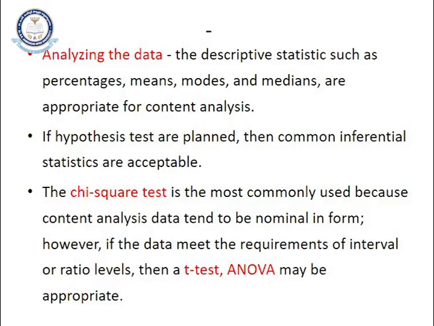However, if the data meet the requirements of interval or ratio levels, then a t-test is also acceptable. An ANOVA test may also be appropriate. We can use many types of statistical tools for content analysis.